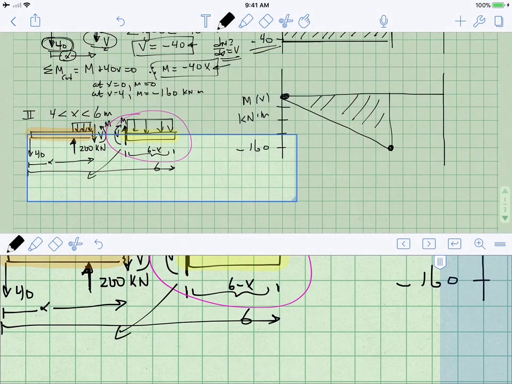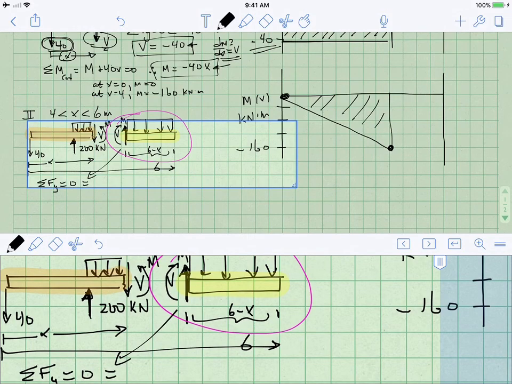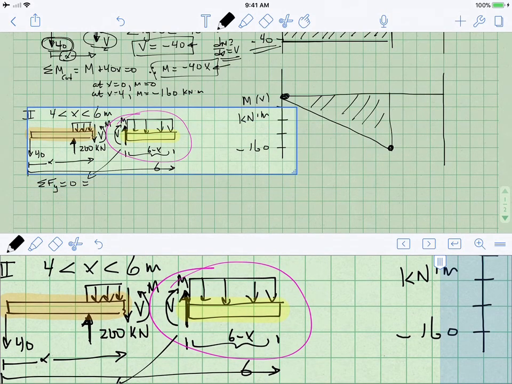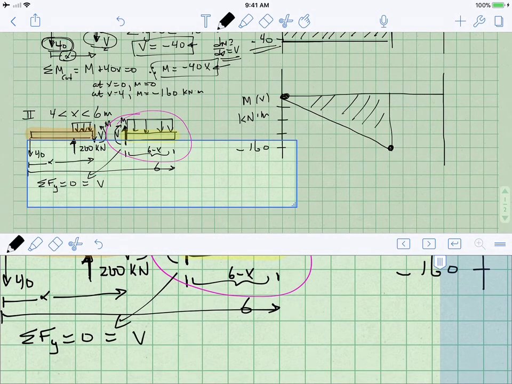This piece of the beam is in equilibrium, right? And therefore, the positive shear that I see, so I write plus V minus the area of that curve.